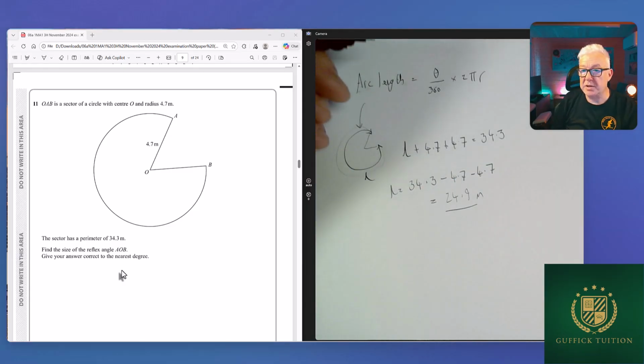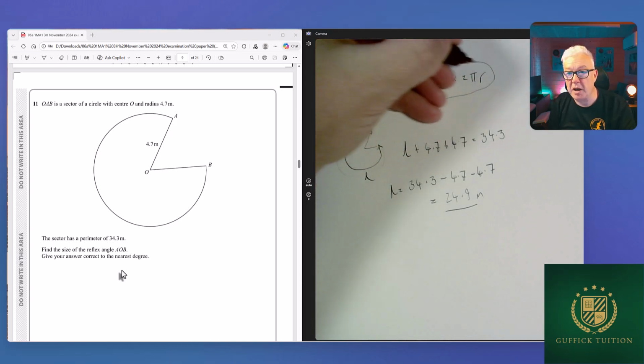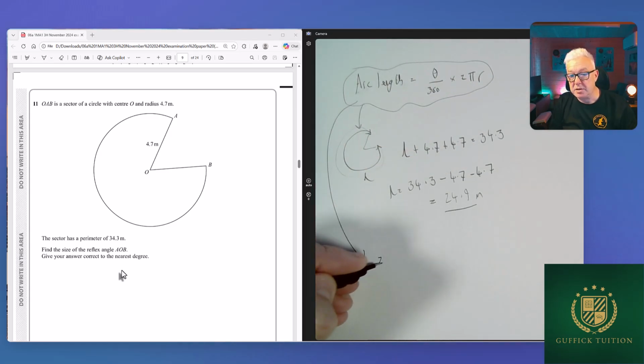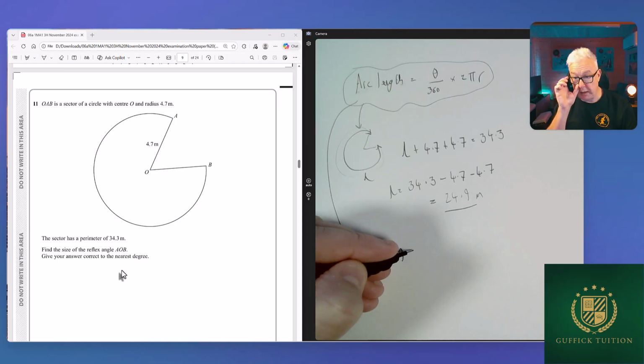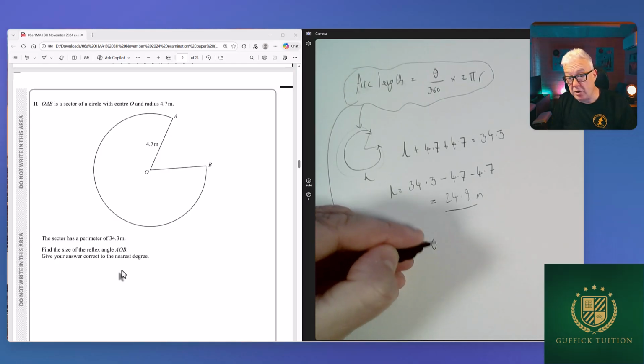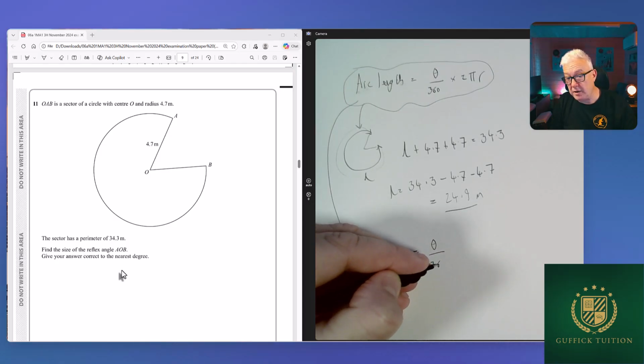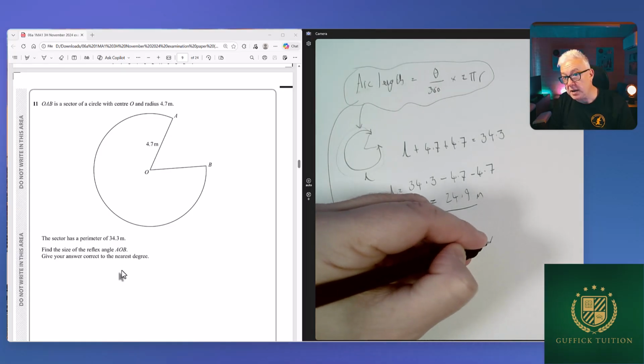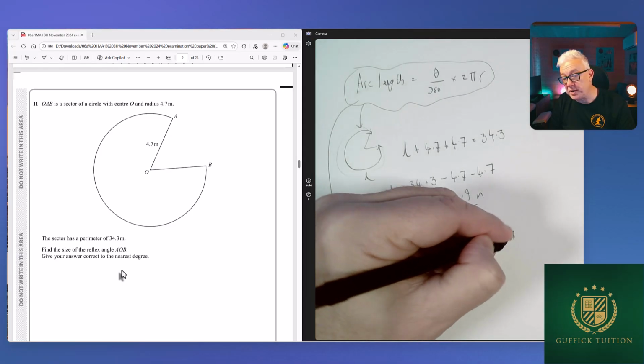Okay, so now we can start to sub into this formula up here. So our arc length, we've just found out, is 24.9, is equal to the angle that we're after, theta over 360, times 2, times pi, times the radius, which is 4.7.